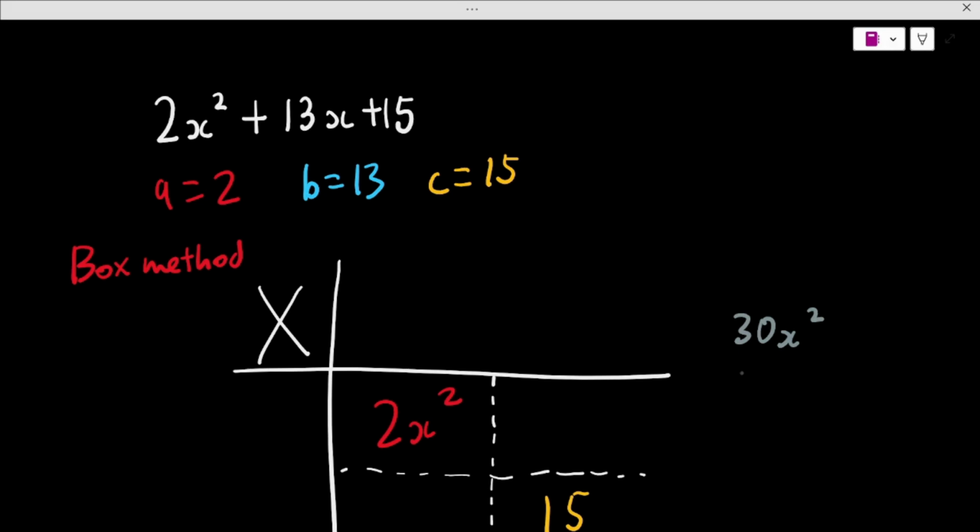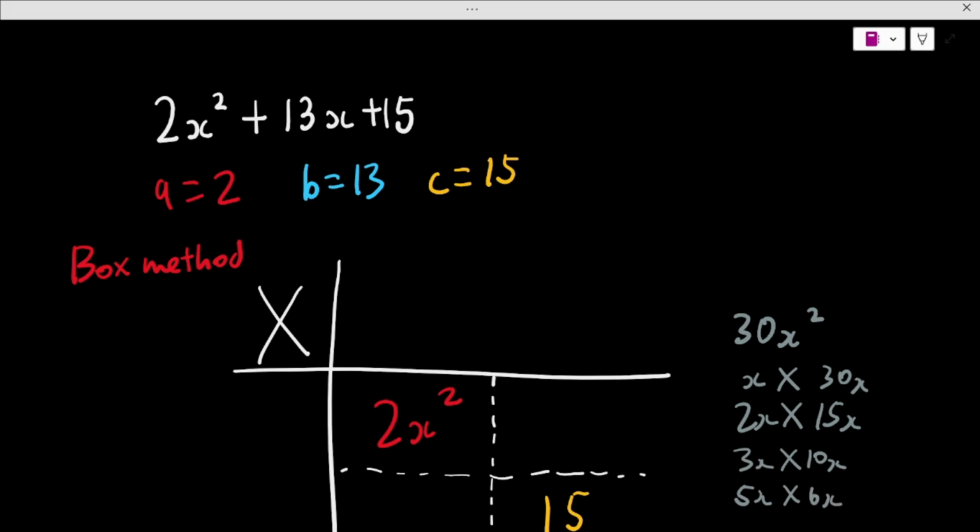Well, for example, x times 30x would give us 30x squared. Same for 2x times 15x. To continue, we can have 3x times 10x, and also 5x times 6x.